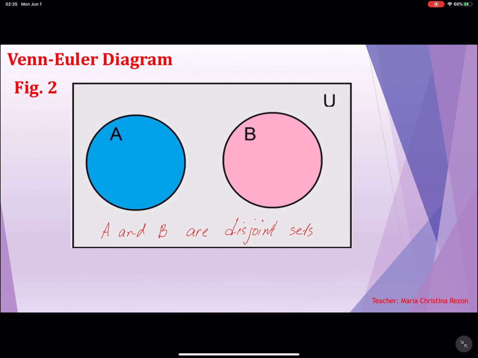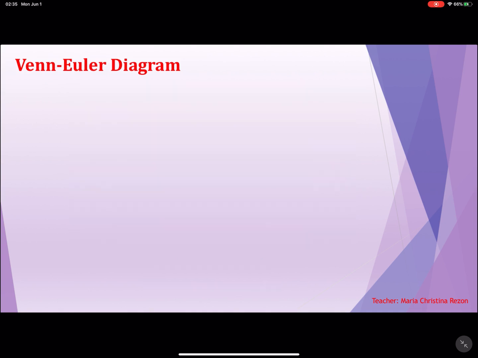Then you can say that A and B have no elements in common because they are disjoint. And then you have figure 3.